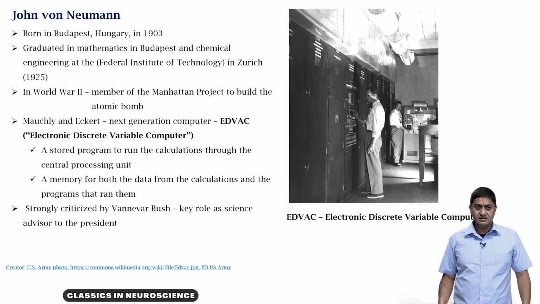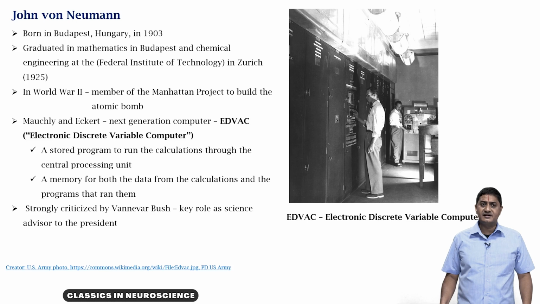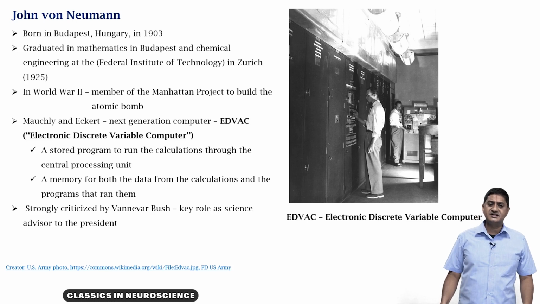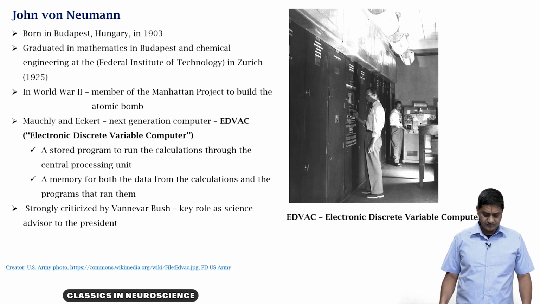And he had heard of the work of Mauchly and Eckert, who built the next generation computer, the ENIAC, and he decided to develop his own variant, an improved version of the computer, which he called EDVAC, the electronic discrete variable computer.